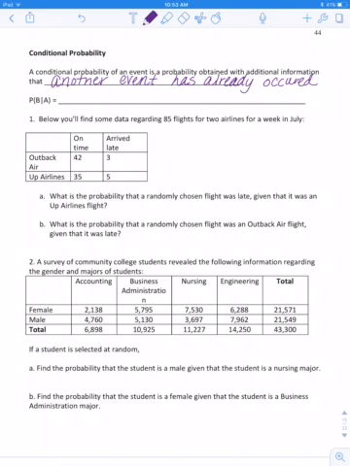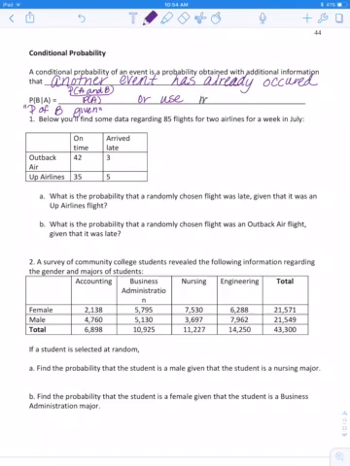The symbol here is P of B given A. So we're finding the probability of B given that A has already happened. And the formula is the probability of A and B divided by the probability of A.